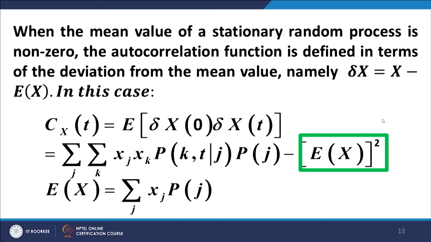We define deviation from the mean as delta x equal to x minus the mean of x, that is the standard formula for deviations, and we work out the correlation as the expected value of delta x 0, delta x t, the correlation between these two, and the formula changes slightly. This additional term in the green box comes into play.